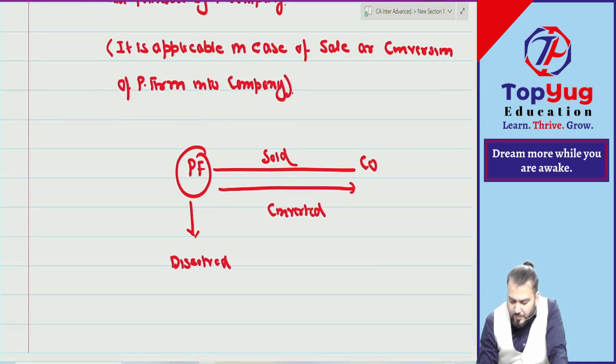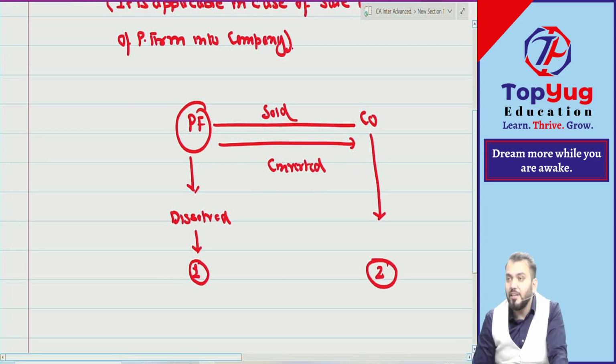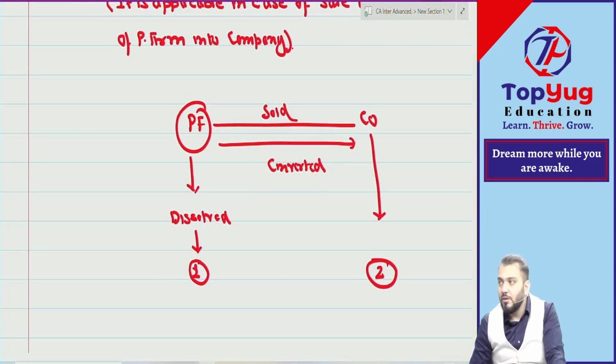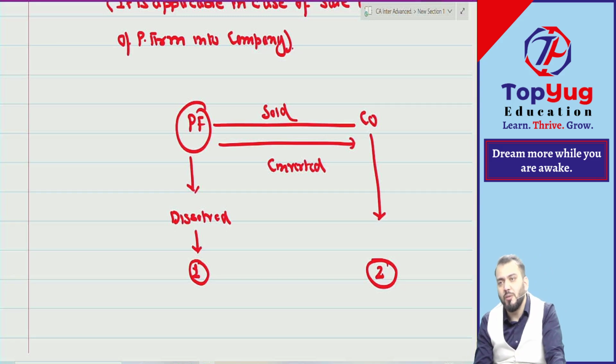And can I say for company we need to pass journal entry? Means this is concept number 1 and this is concept number 2. Already we have done. Normally what happens, we close the books of partnership firm and we open the books of purchasing company. So concept number 1 for closing already done and concept number 2 opening already done.